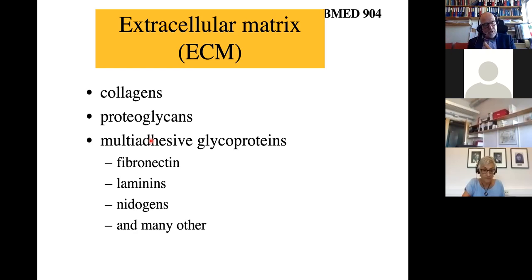They're all glycoproteins, and multi-adhesive refers to that they interact with each other and with cells. Some of them do not interact so well with cells, but in general, they interact with each other. Today we don't have time to go through all these proteins, but we will just mention some of the main players like fibronectin, laminins, nidogens, and we will also mention some of the other matrix proteins.